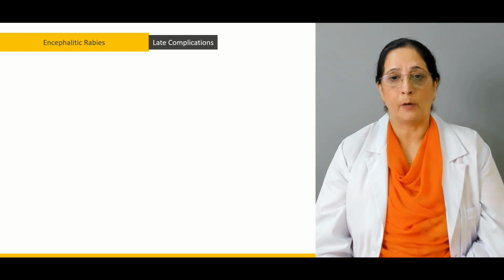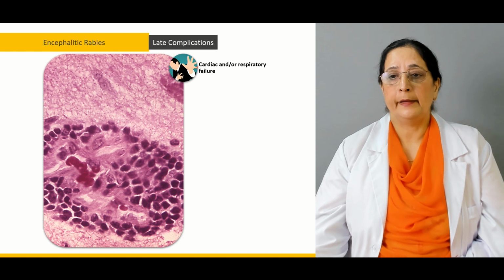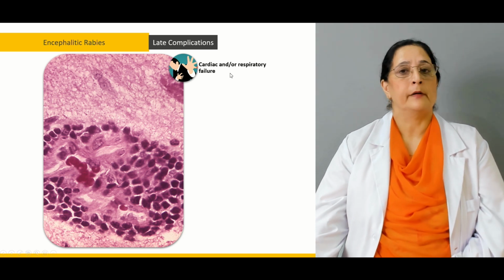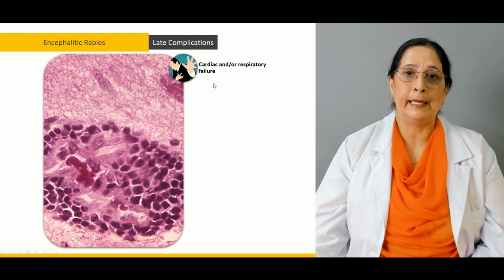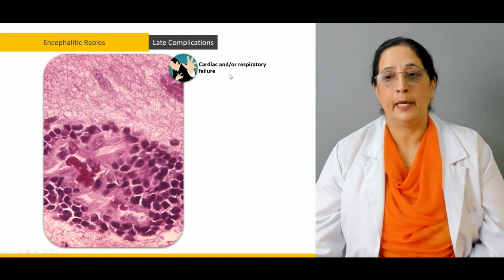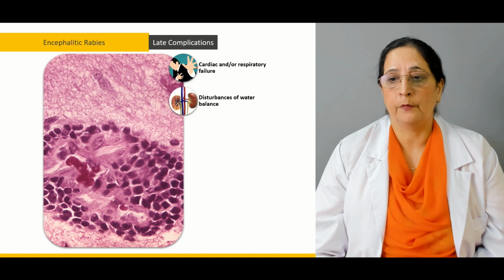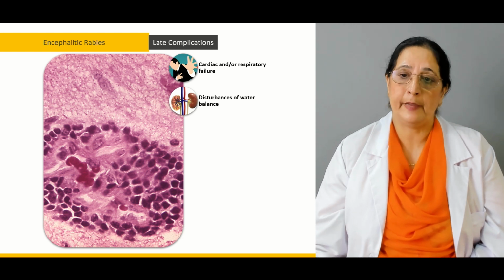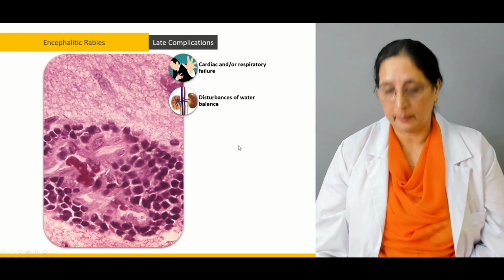Some late complications are cardiac and respiratory failures. That's a serious late complication of encephalitic rabies, heart and respiratory failure. Disturbance of water balance. They affect the kidneys and there is disturbance of the water balance.